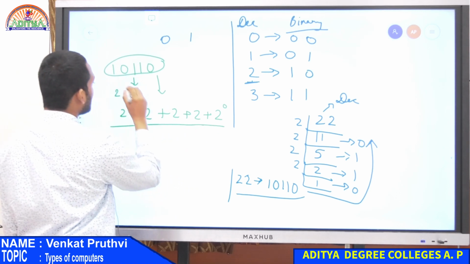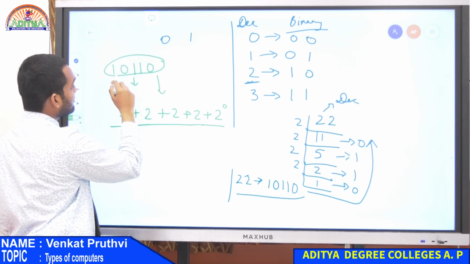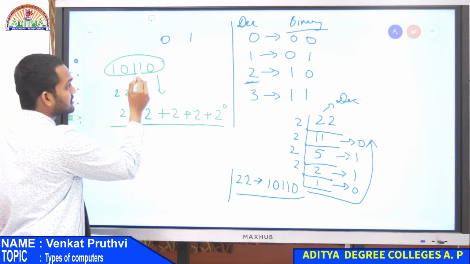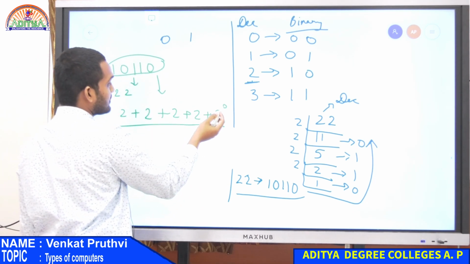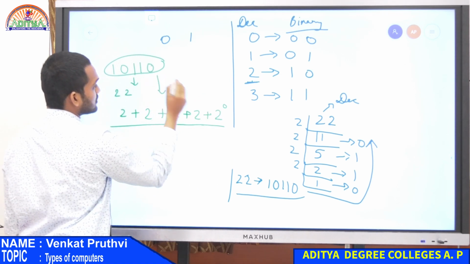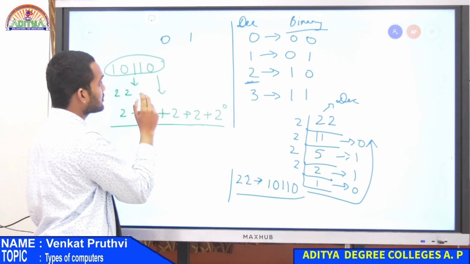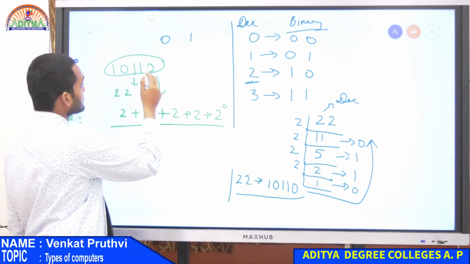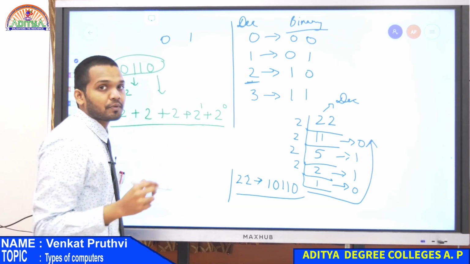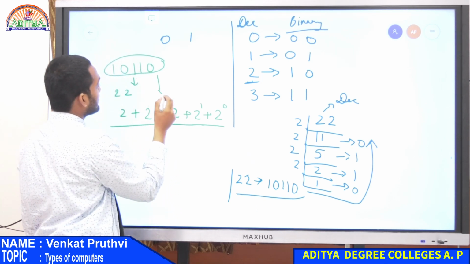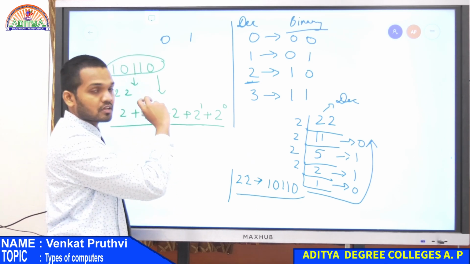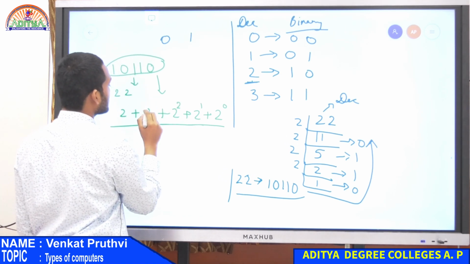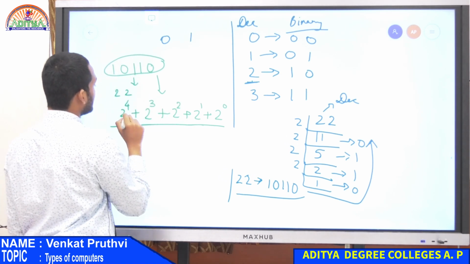These are your digits, right? How many digits do we have? We have 5 places, right? Whatever is the digit's place, that is the power we have to mention over here. So, this will be the units place, that is the 0th position, so it will be 2 power 0, and next we have the 10th position, so this will be 2 power 1, and then we have the 100th position, so it will be 2 power 2, 2 power 3, 2 power 4.